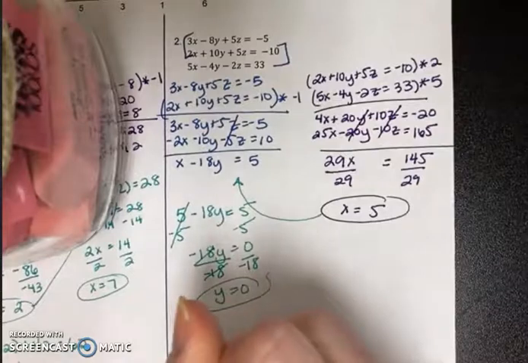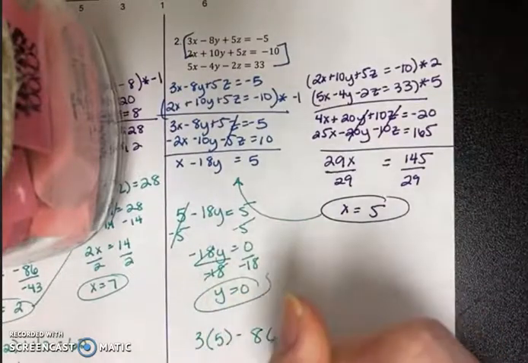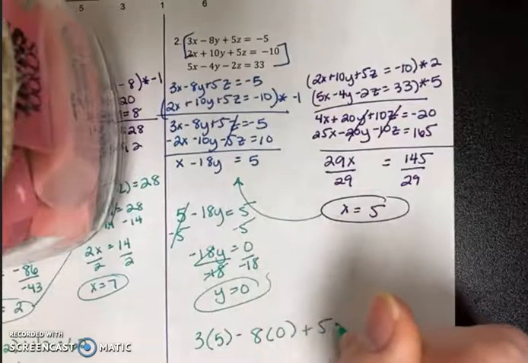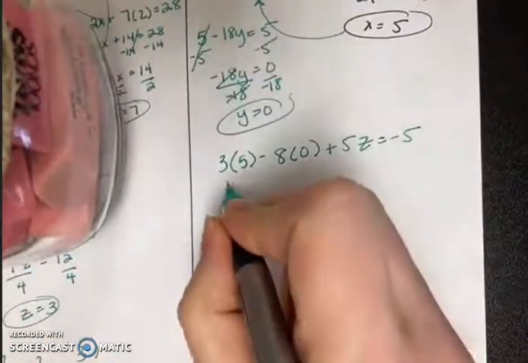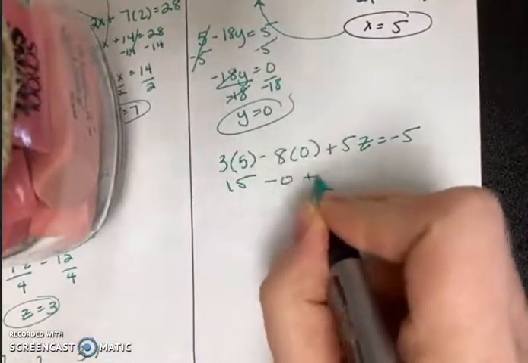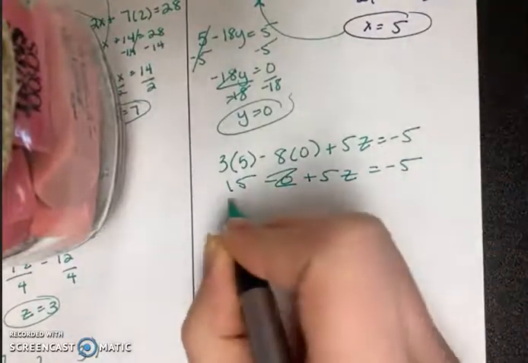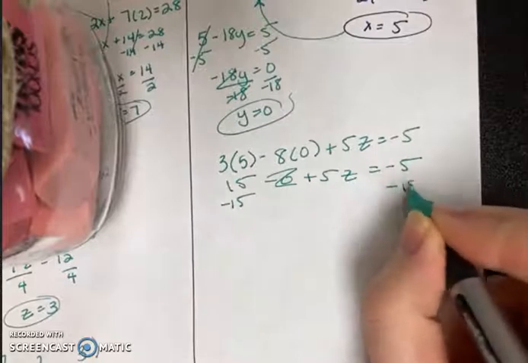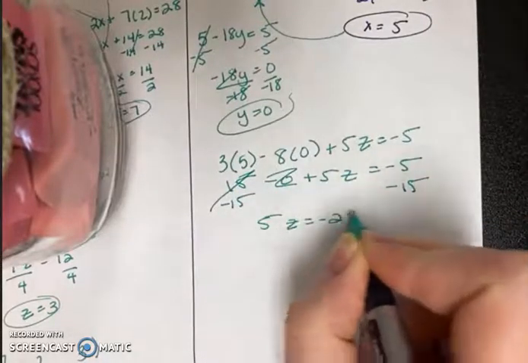So it's going to be 3 times x, which is 5, minus 8 times y, which is 0, plus 5z equals negative 5. So I'm going to solve that for z. That would give me 15 minus 0 plus 5z equals negative 5. So 0 is basically gone, minus 15 on each side. I get 5z equals negative 20.